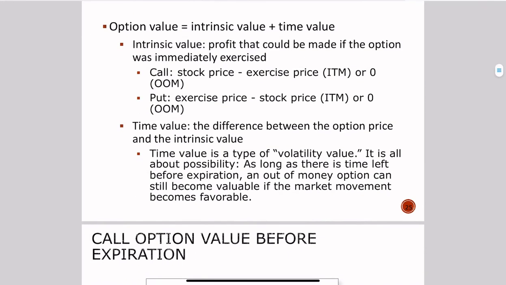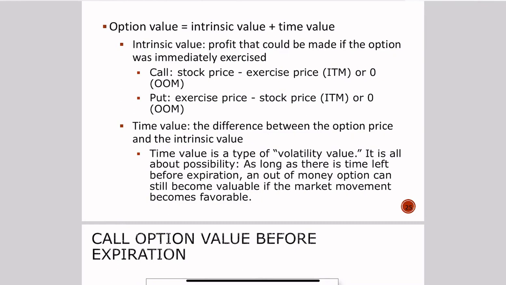First we decompose option value into two components: intrinsic value and time value. Intrinsic value is pretty easy to understand, right? Because it's really the profit you could get if you exercise this option immediately.